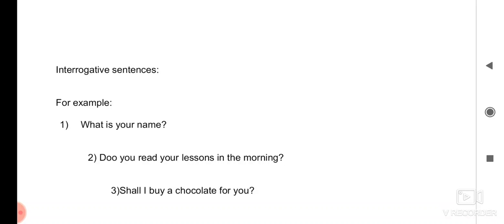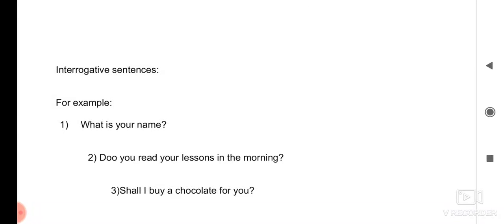Here, a question is asked. So, this would be called an interrogative sentence. The third example is, shall I buy a chocolate for you? Here, a question is asked. So, this would be called an interrogative sentence.